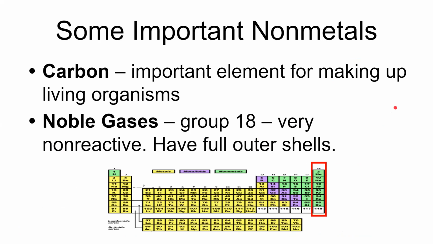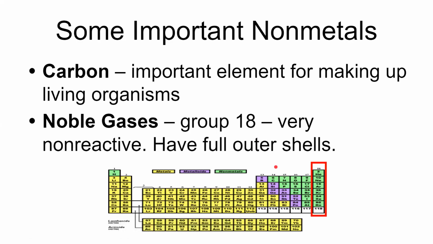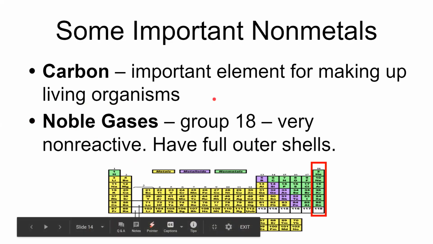So some important nonmetals that I wanted to bring up, either because they have an interesting name or they're super important for life, are carbon. Carbon's right here. He's number 6 on the periodic table. And carbon is the element that pretty much all life on Earth is based on.